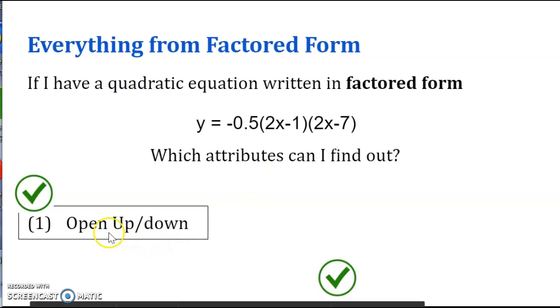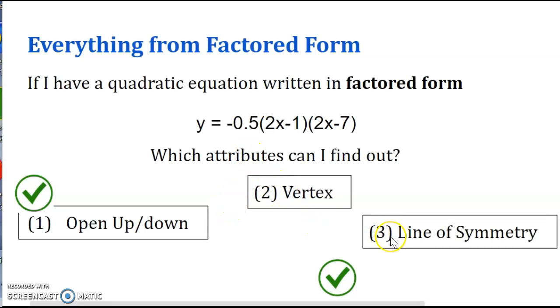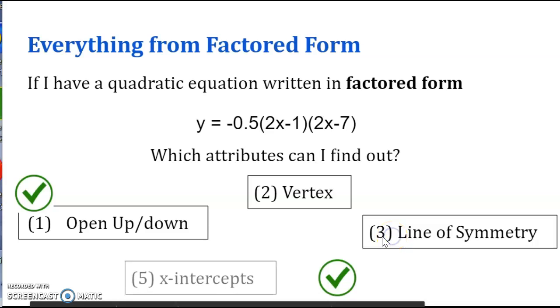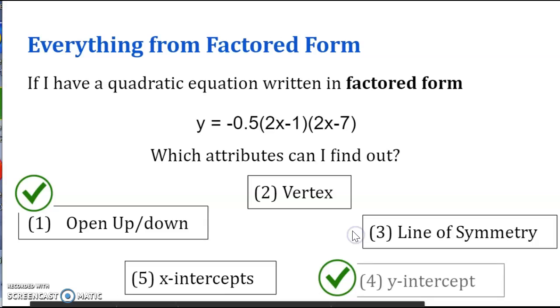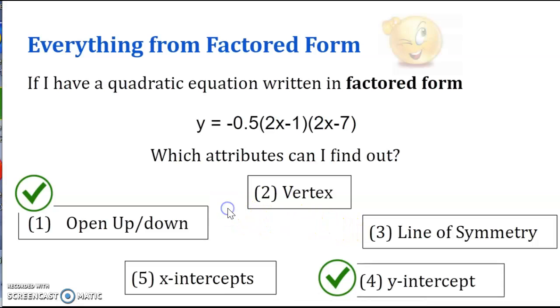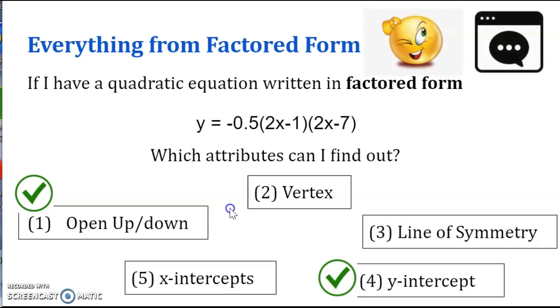Can you find out if this is a parabola that's going to be opening up or opening down? What about the vertex? Can you figure out the coordinates of the vertex? Can you figure out the equation for the line of symmetry, and the x-intercepts and the y-intercept? Well, the answer is yes. We can find them all.